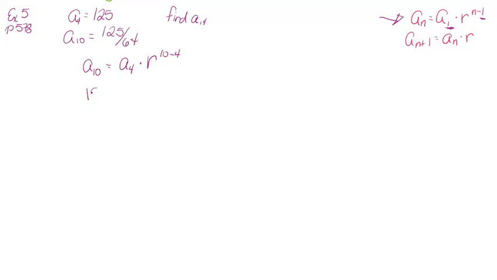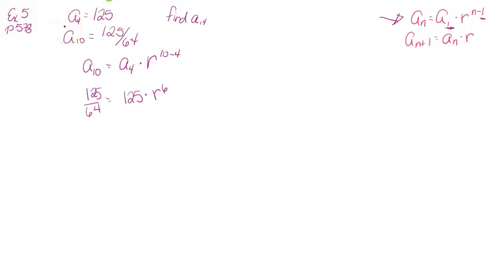My a sub 10 is 125 over 64, and my a sub 4 is 125. I do not know my r, but that's what I'm looking for, raised to the 6th power.